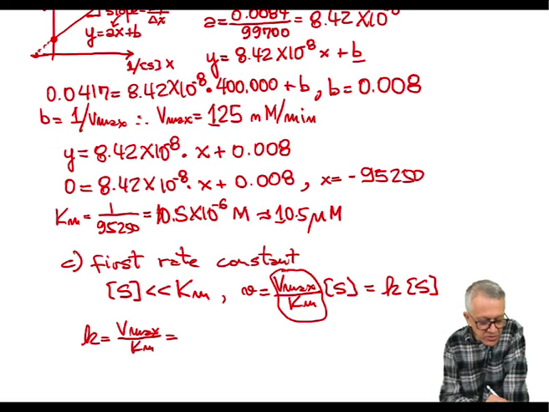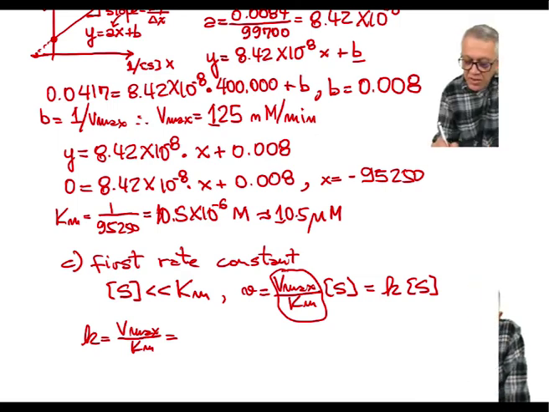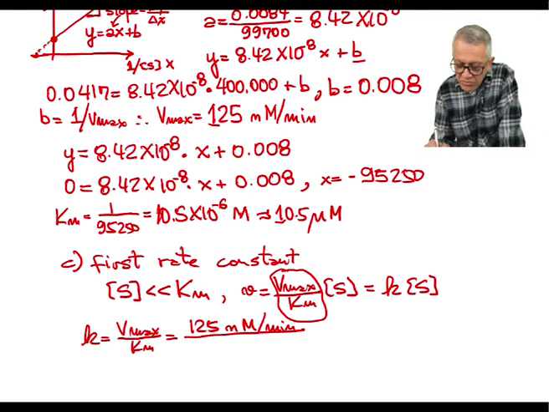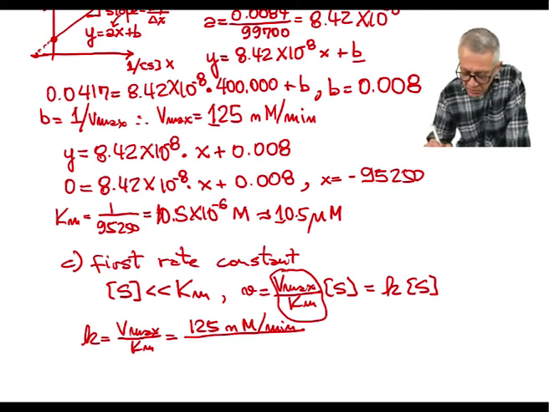So how much was Vmax? Vmax was 125 nanomolar per minute. And Km was approximately 10 to minus 5 molar.